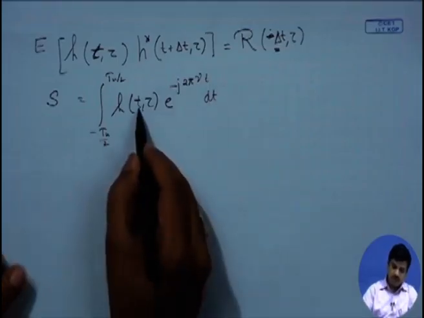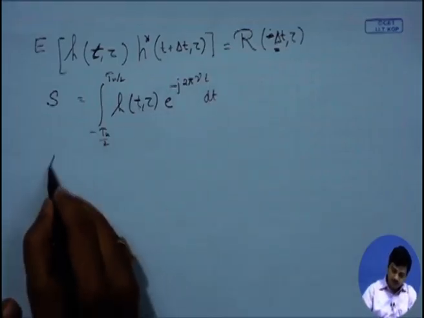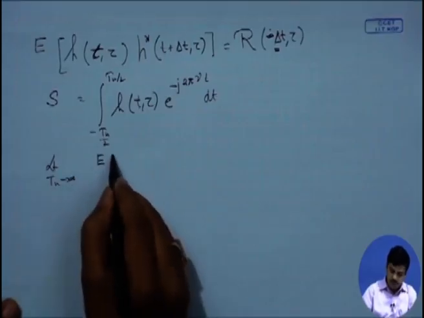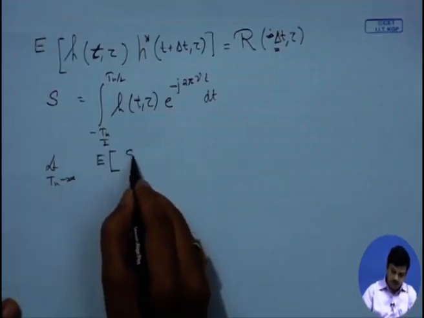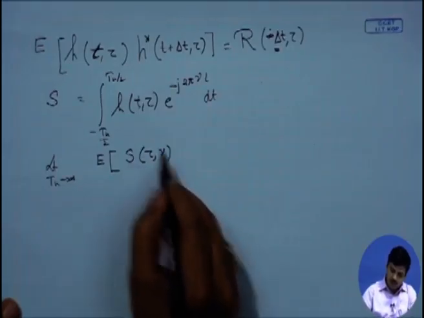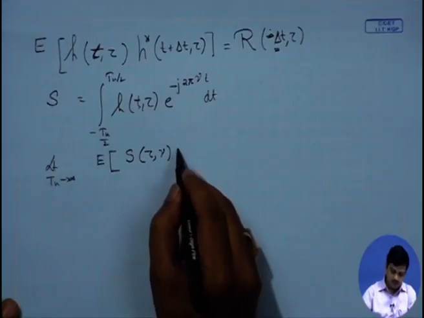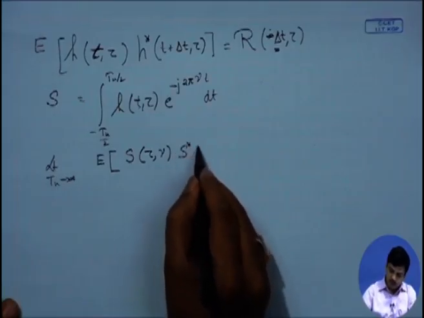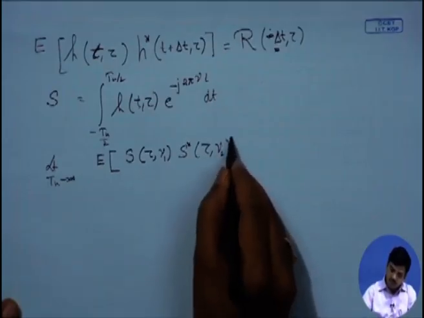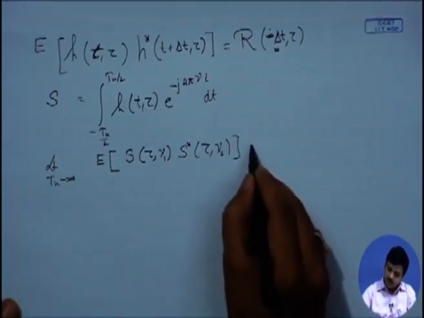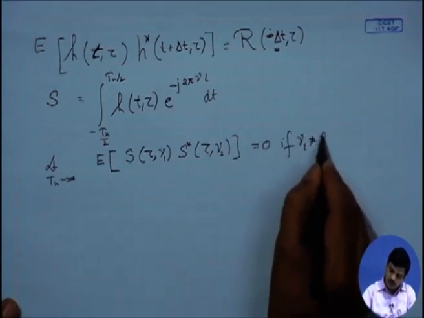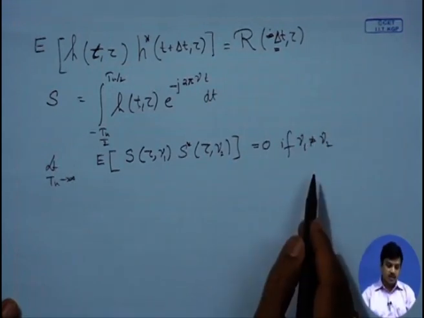That means I have taken the Fourier transform in the time domain, and in the limit that Tu tends to infinity, we take the expectation of S of tau comma nu 1 times S conjugate of tau comma nu 2 at two different frequencies. This would be equal to 0 if nu 1 is not equal to nu 2. This is one of the results that we are using.